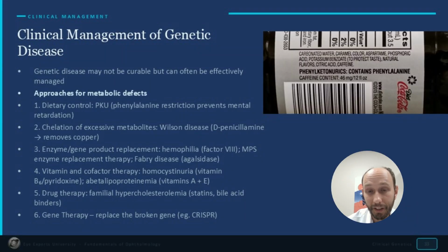You can give penicillamine that will wash out the extra copper. You can replace gene products that are missing, like in hemophilia or other coagulation disorders. You can sometimes give vitamins that help sustain enzymatic function despite some of the proteins within the cascade not working. You can treat the symptoms, like in familial hypercholesterolemia, where you can treat with statins, or you can use gene therapy to replace genes or turn them off.